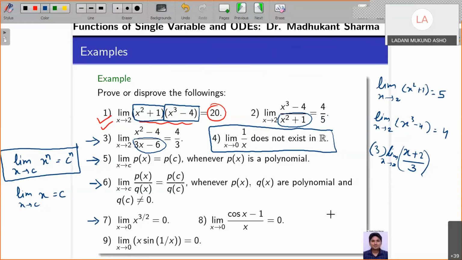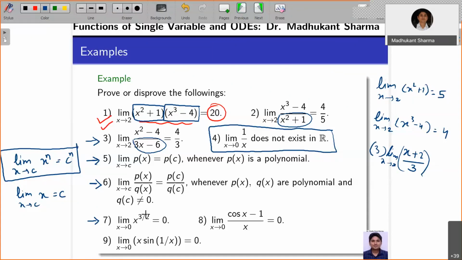Sir, can we use here x into x to the power 1 by 2? Yes, certainly you can, by multiplying the two functions. x to the power 3 by 2 is x into root x. You know that the limit as x tends to 0 of x is 0. But what about the limit as x tends to 0 of root x?